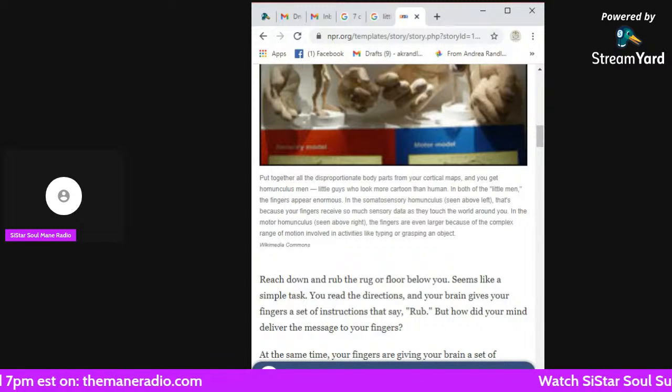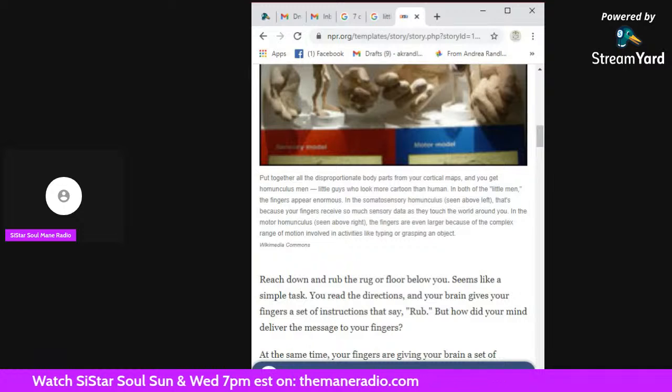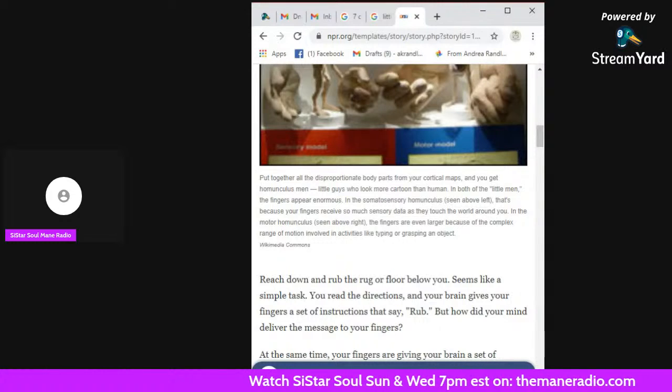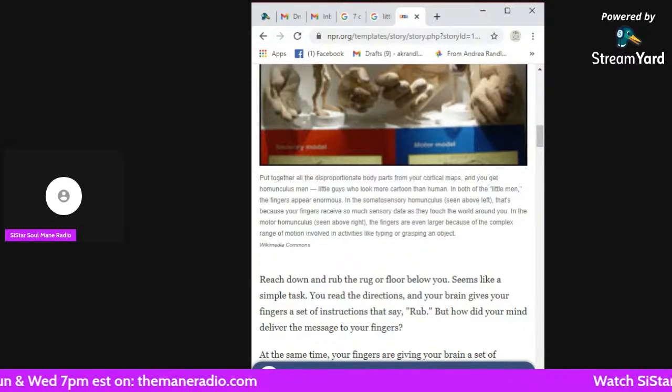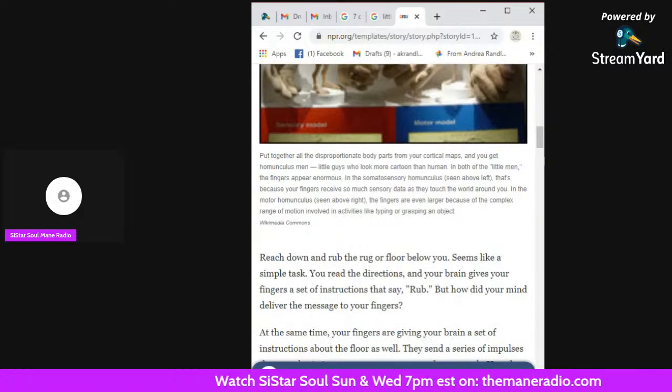In the somatosensory homunculus, seen above on the left, that's where the red is, that's because your fingers receive so much sensory data as they touch the world around you. In the motor homunculus, seen above on the right, our fingers are even larger because of the complex range of motor involved in activities like typing or grasping an object. So that is more of a description on that.